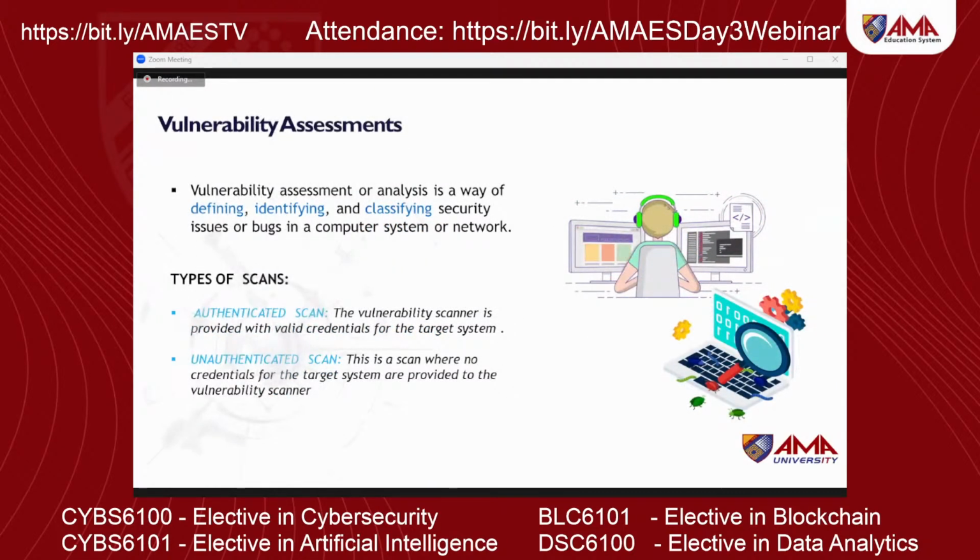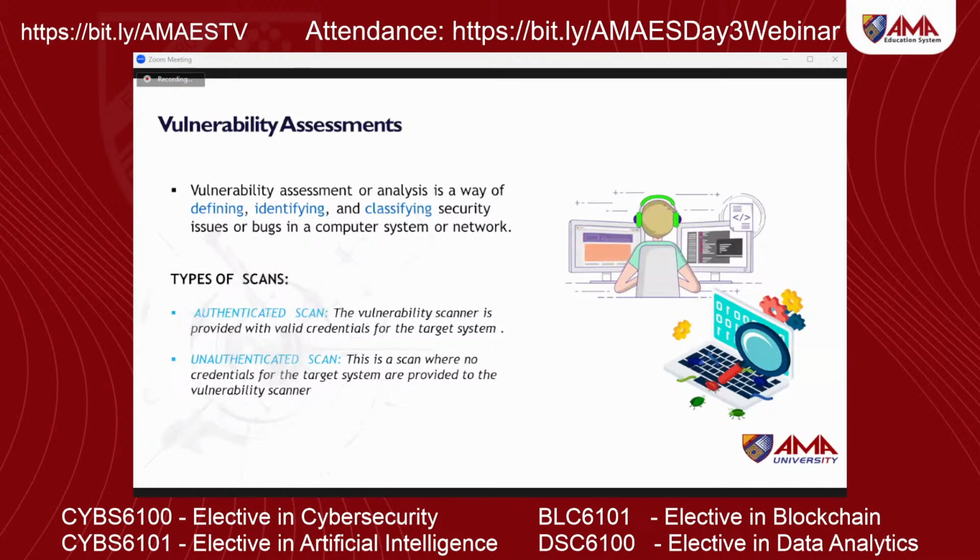Then meron tayong tinatawag na vulnerability assessments. So under pa rin ito ng ating security assessment breakdown. So vulnerability assessment or analysis, ito yung way of defining, identifying, and classifying security issues or bugs sa computer system or network. Okay, so meron tayong dalawang types of scans na ginagawa sa vulnerability assessments.